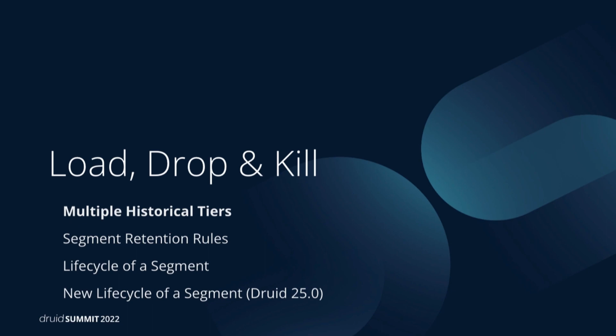We'll talk about segment retention rules that define how segments are instantiated in each of the historical tiers and how they migrate from tier to tier based on those rules. And we'll discuss the lifecycle of a segment from ingestion through multiple tiers given a set of rules. And finally, we'll touch on the new lifecycle of a segment, so the changes in behavior of this process coming up in Druid 25 to make it even better.